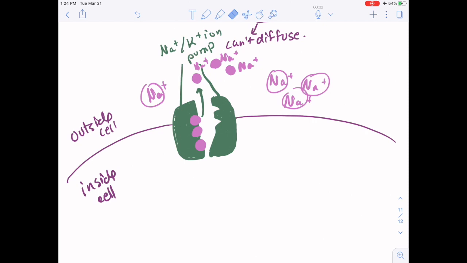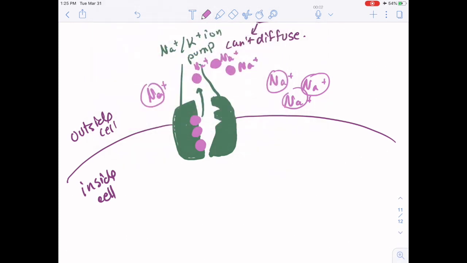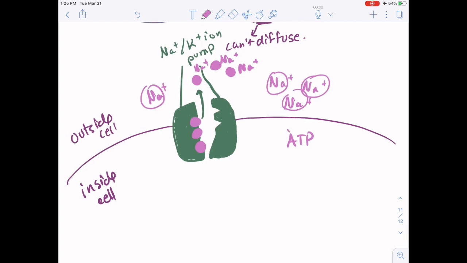So there we go. But that takes ATP. So let's see. ATP, which you know is energy in the form of a cell, it's the energy currency of the cell. It's got those 3 little phosphate groups.